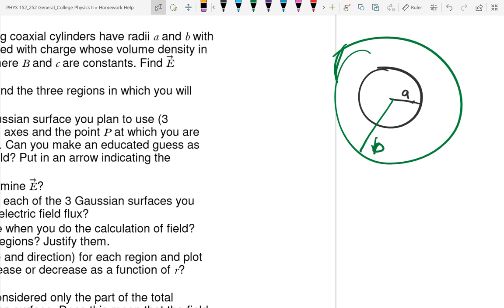Three regions. I have region 1, so I'm going to make 3 Gaussian surfaces. What were my rules for selecting a Gaussian surface? I want either the electric field to be parallel and constant or perpendicular. If it's perpendicular, I don't care. So I look and I say, looking at the flat section here, what shape would match the symmetry here?